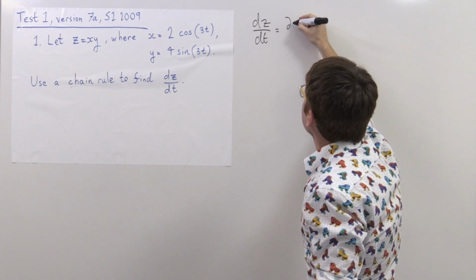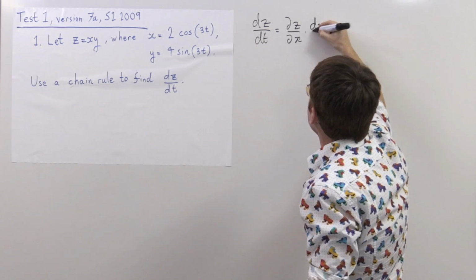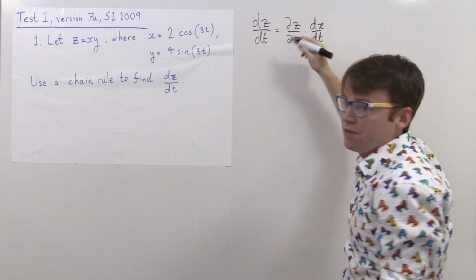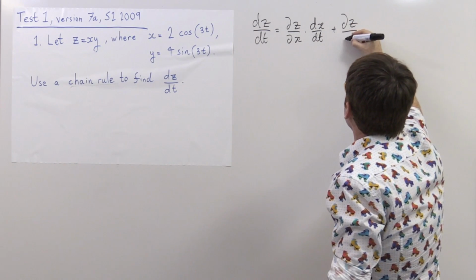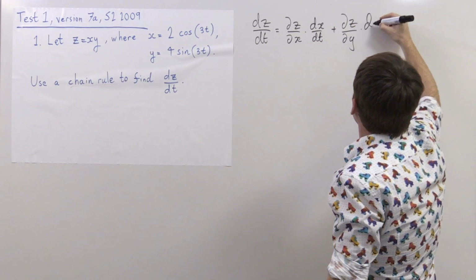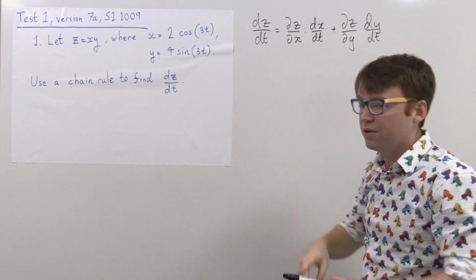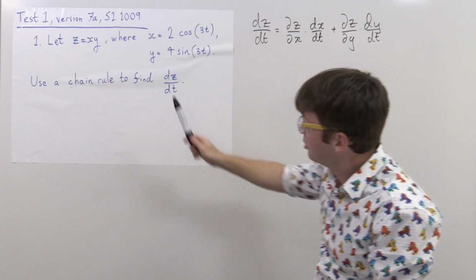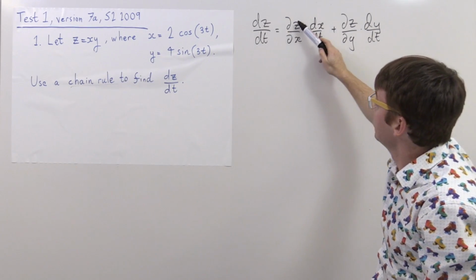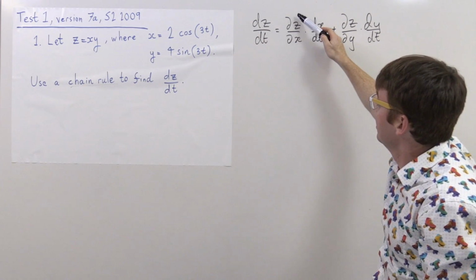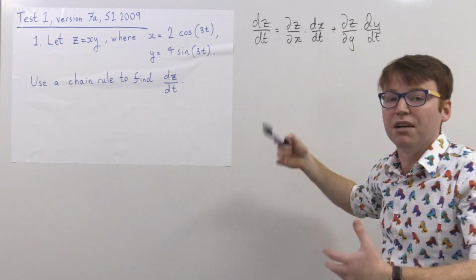So this is partial z partial x times dx/dt, the first variable of z, and then I add partial z partial y times dy/dt. It has 2 variables, and the chain rule tells me that the derivative with respect to t is the sum of these, and I do that for each of its variables.